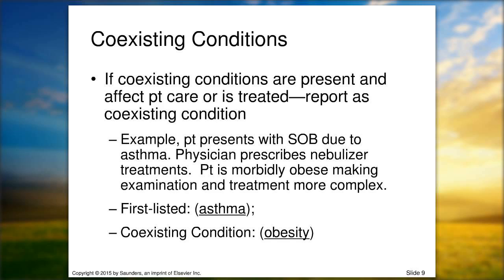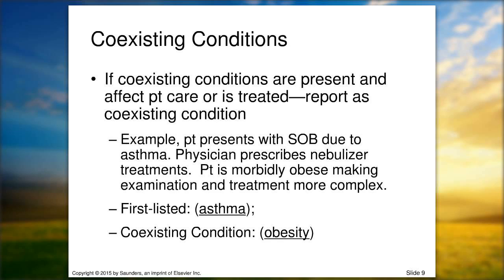Coexisting conditions, page 64 in your step-by-step book. If there are coexisting conditions and they are present and they affect the patient care or it is treated, you would report it as a coexisting condition. So, for example, a patient presents with shortness of breath due to asthma.